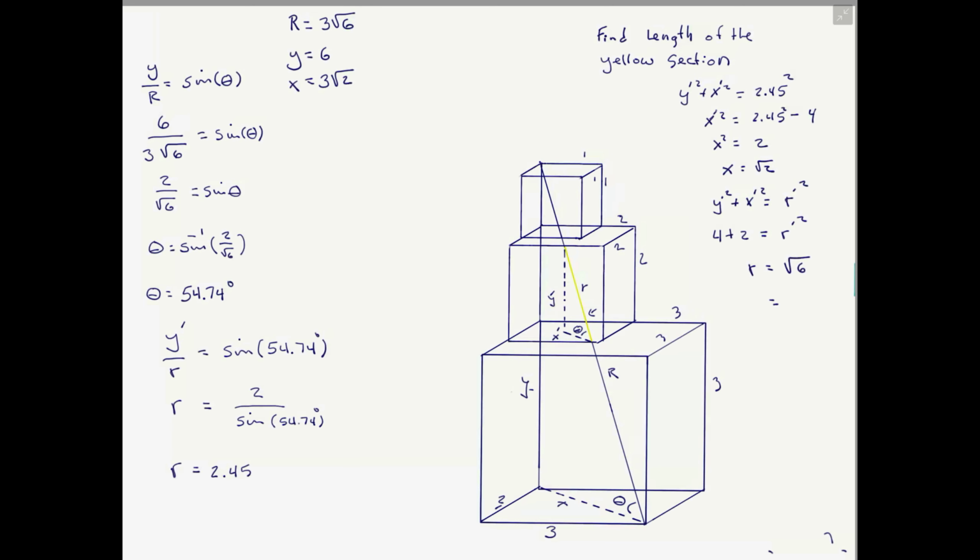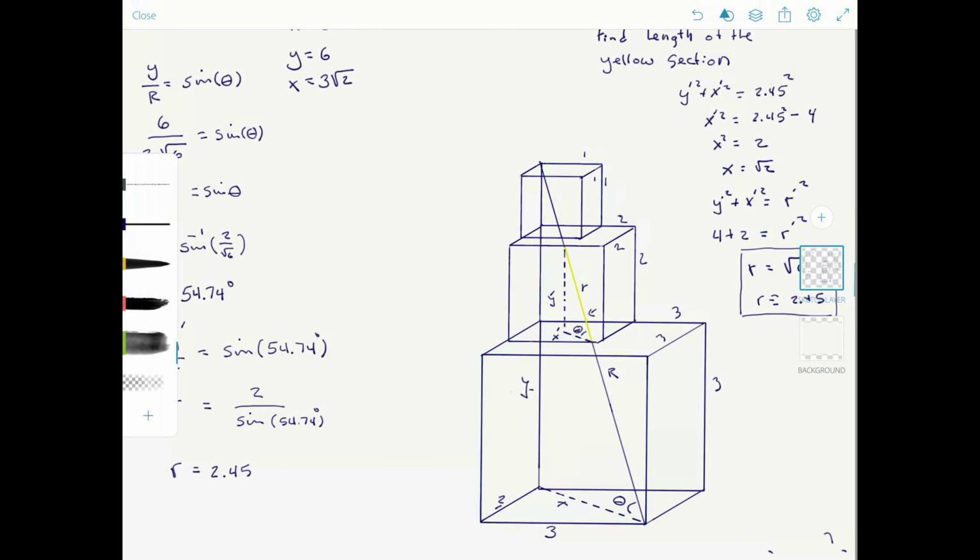So then we can say that y prime squared plus x prime squared equals r prime squared. And we have 4 plus 2 equals r prime squared.